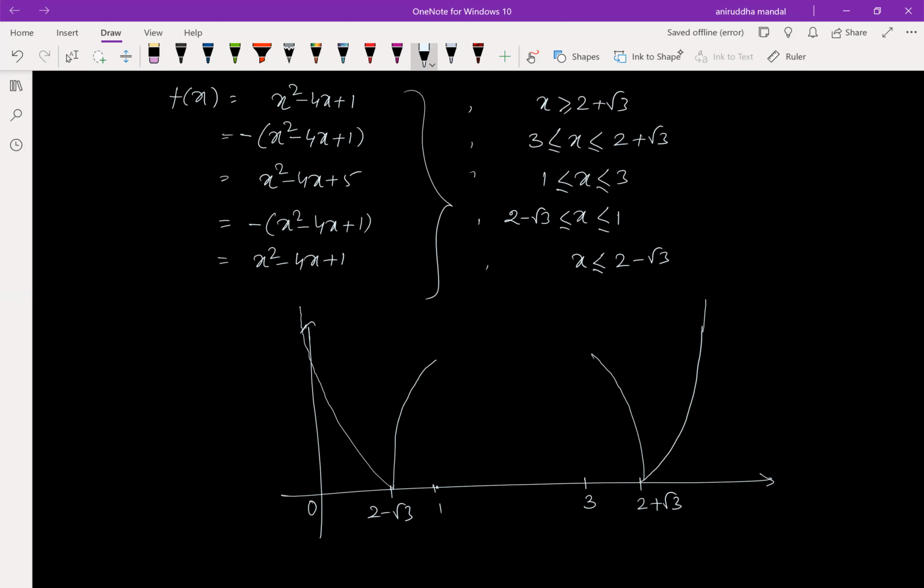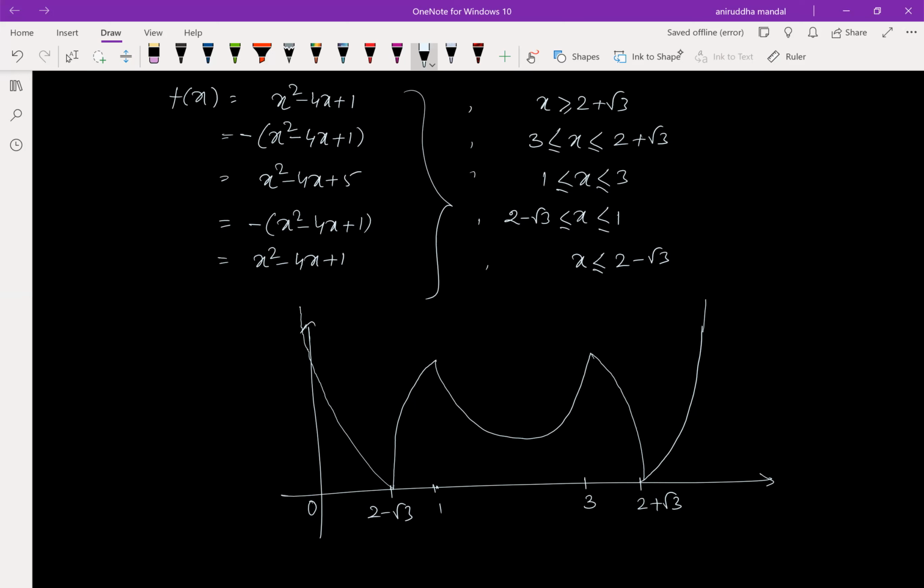And last is this x square minus 4x plus 5. So this is always positive. We have found out the D value is less than 0, which means it will never cut the x-axis, so it is like this. Okay, so this is the complete graph.